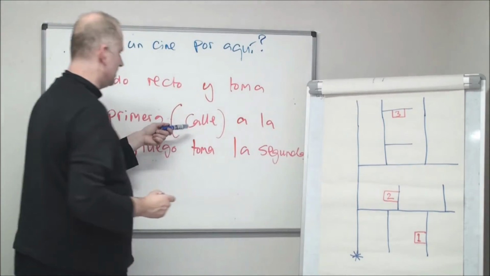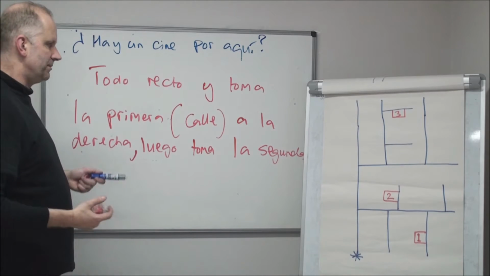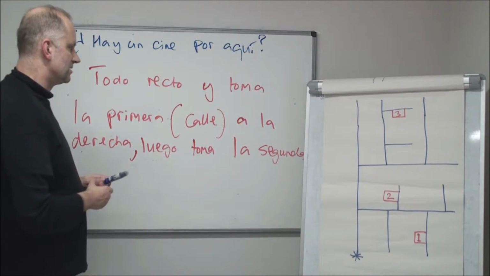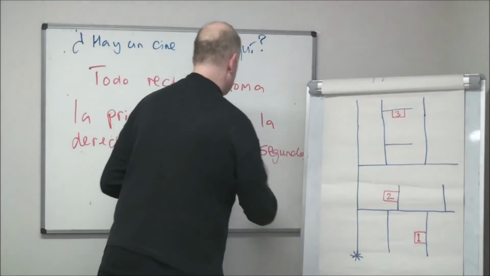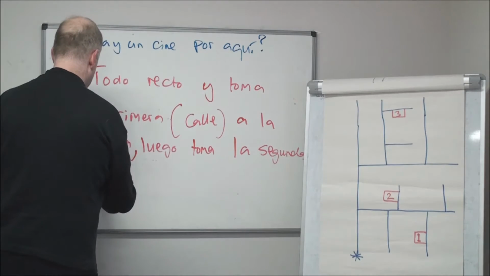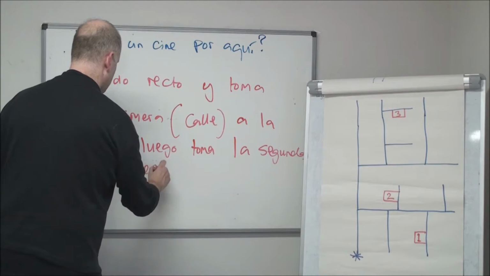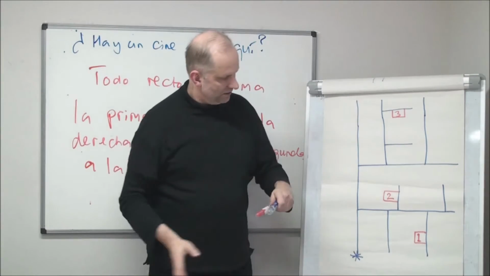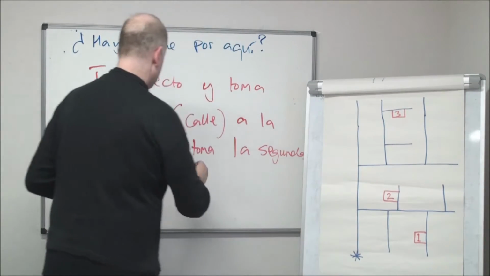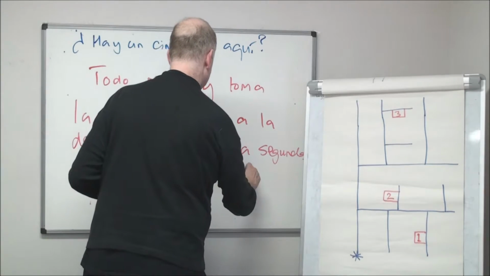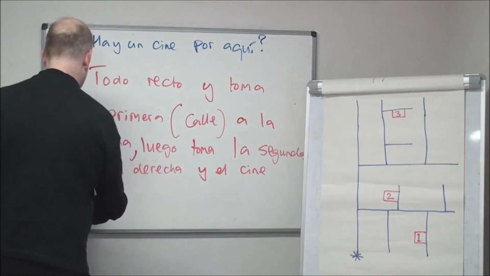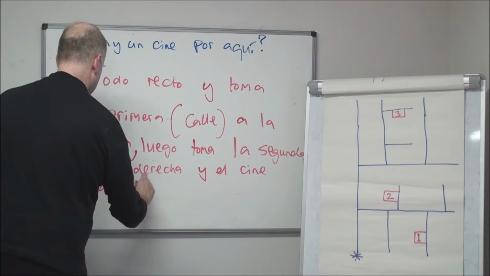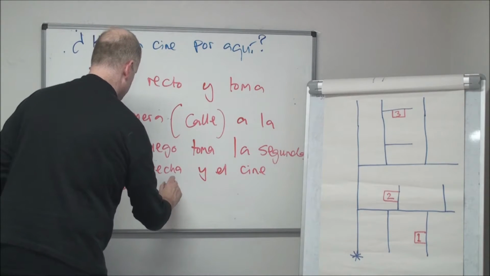Another reason for omitting calle, because it's just going to become repetitive, and you can say the second right, so la segunda a la derecha, and then you want to say the cinema, so now the cinema's on the right, y el cine está a la derecha.